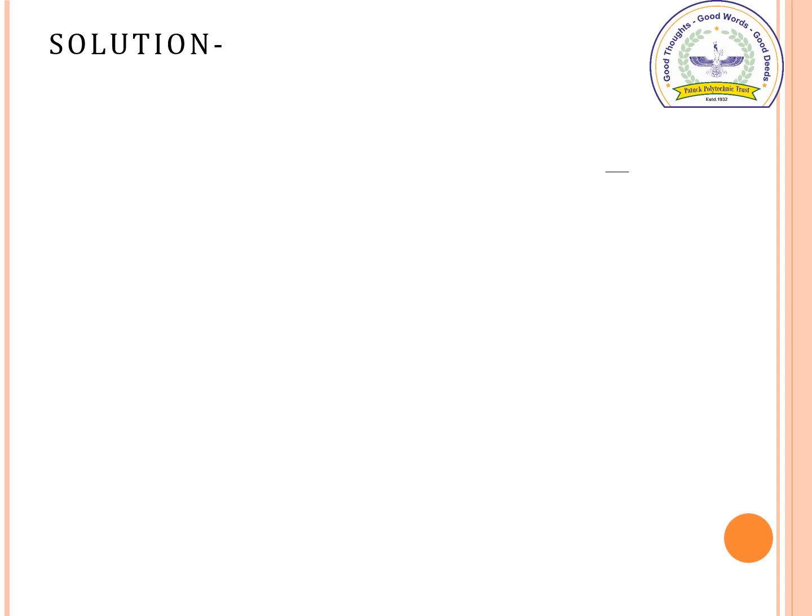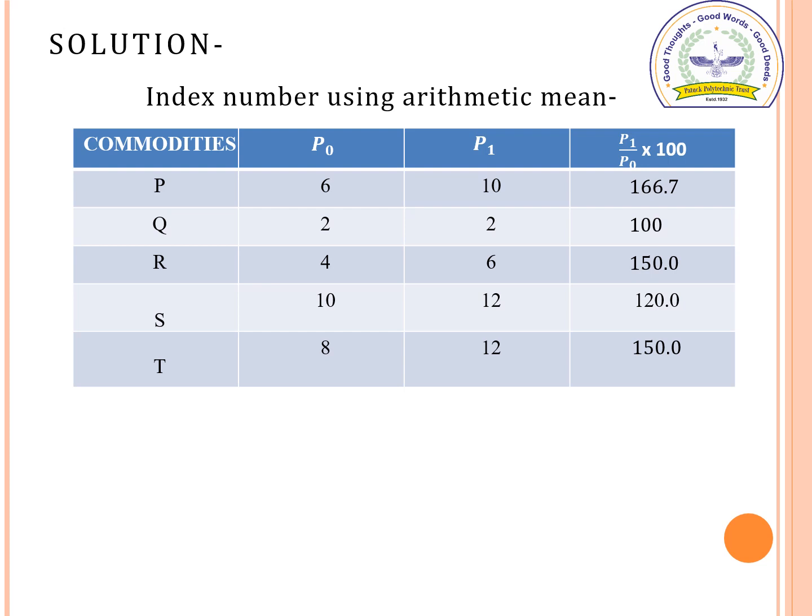Let's see the solution. We need to replace price in 2007 by P0 and price in 2008 by P1, because price in 2007 is the base year and price in 2008 is the current year. So we always replace base year by P0 and current year by P1.